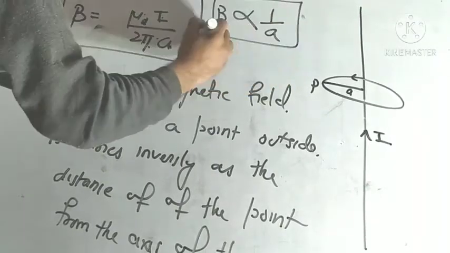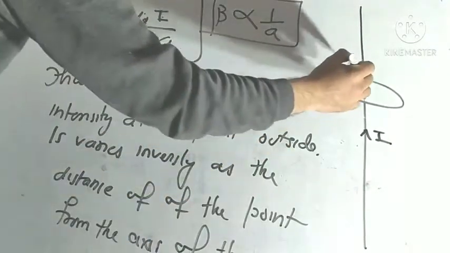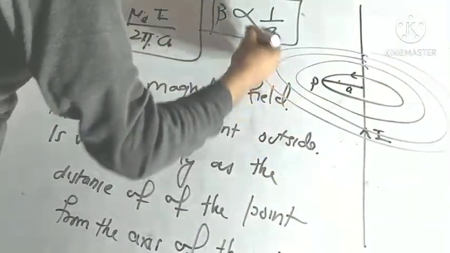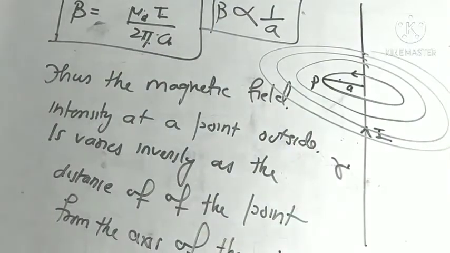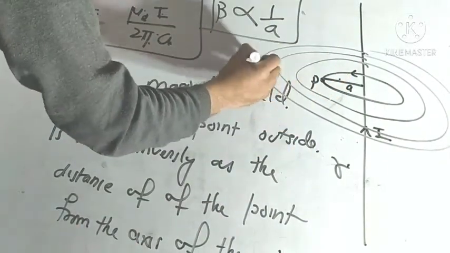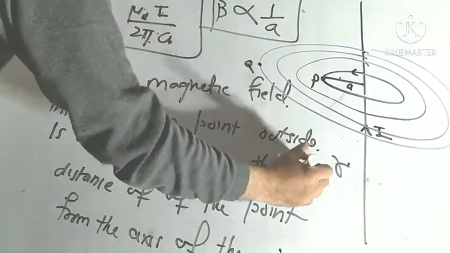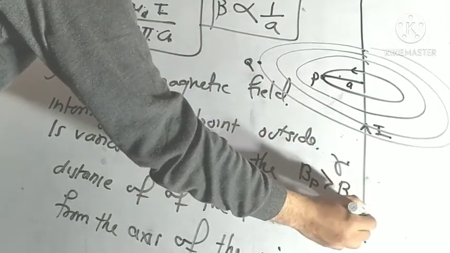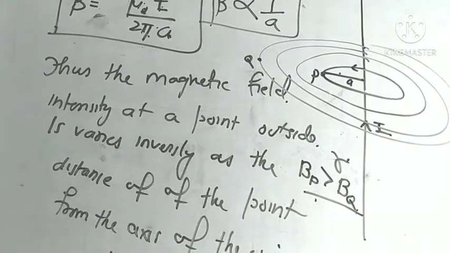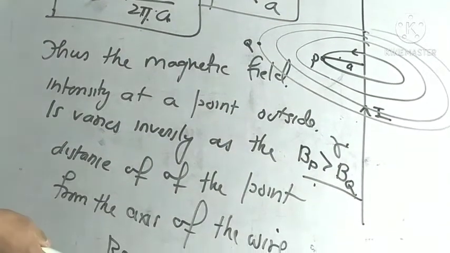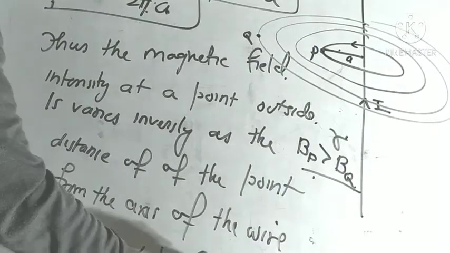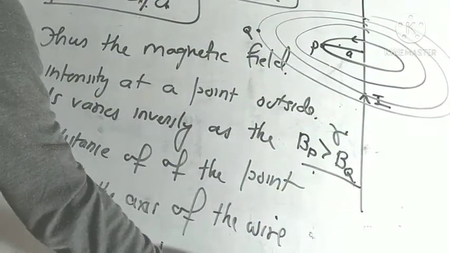There are many concentric circles here. We take R here, the magnetic field at point P, and we take another point Q. The magnetic field at point P is greater than the magnetic field at point Q. B is proportional to 1 upon R. If R increases, the magnetic field decreases.